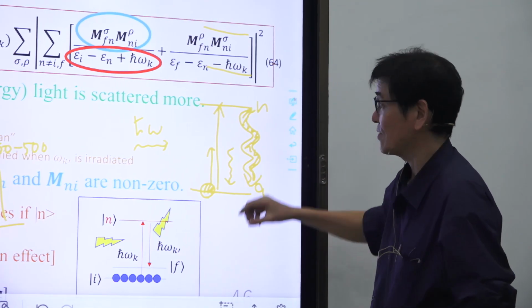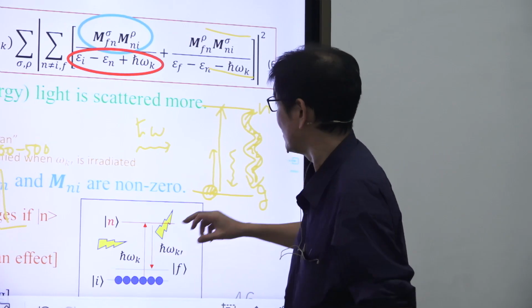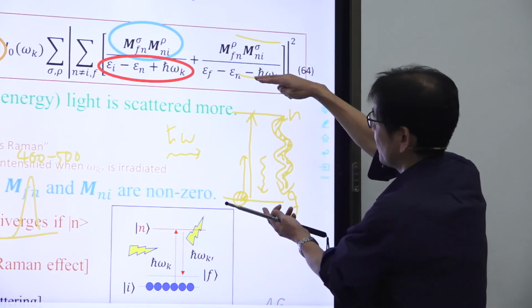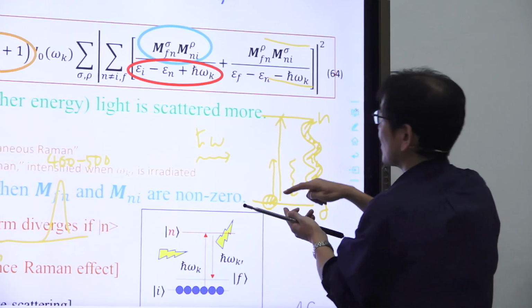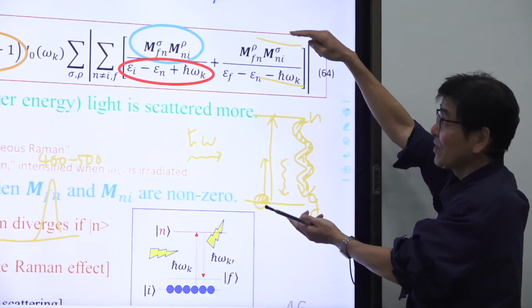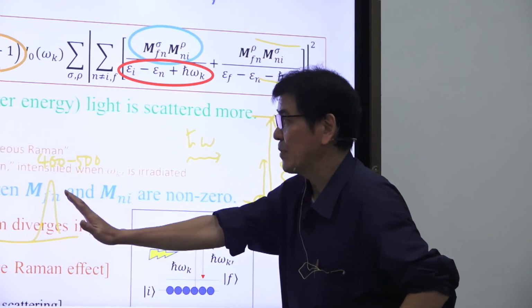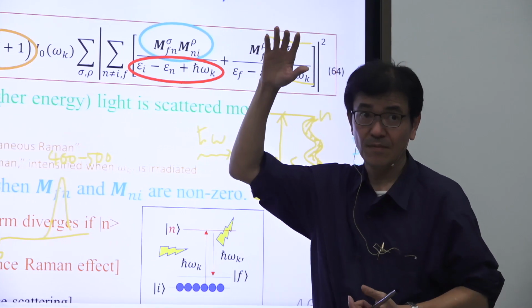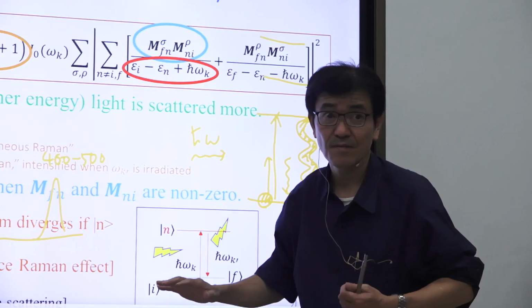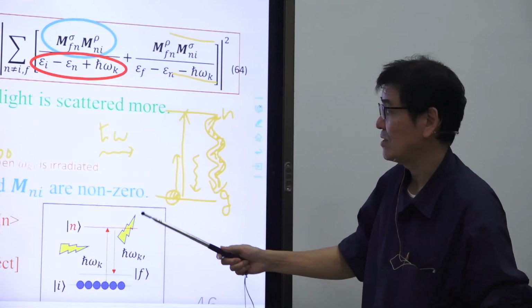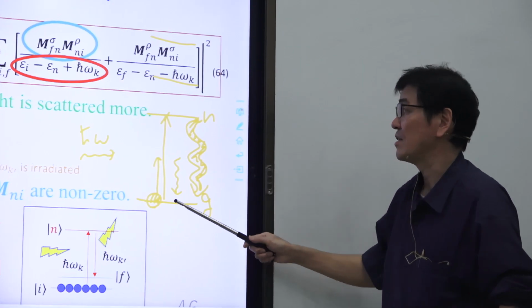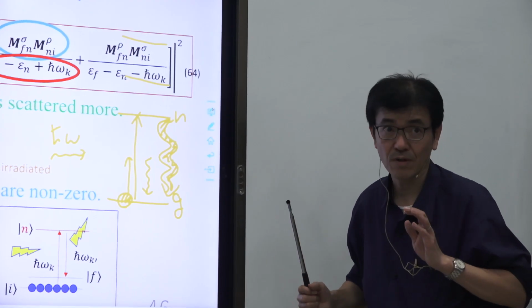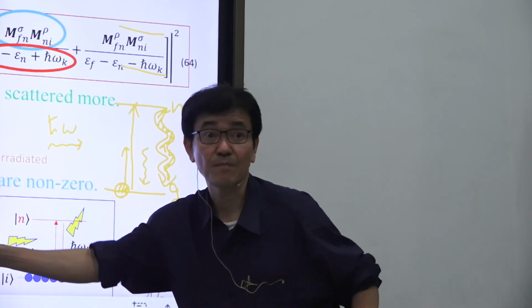So by tuning the excitation wavelength to this absorption, or this absorption, or this absorption, the Raman signal of each chromophore is enhanced relative to the others. So this is a method to intensify the Raman signal from a particular chromophore that gives the absorption.